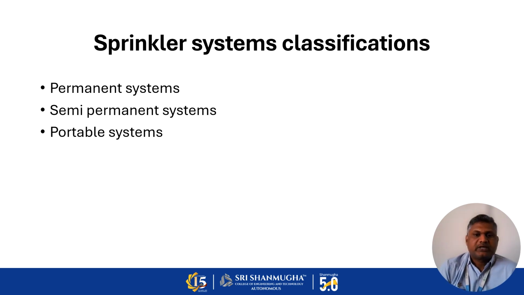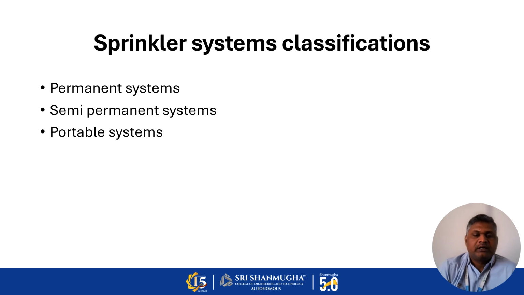Sprinkler systems are classified in three different ways: a permanent system, a semi-permanent system, and a portable system. In the permanent system, the main line, sub-main line, and riser pipes are permanently fixed throughout the crop season.